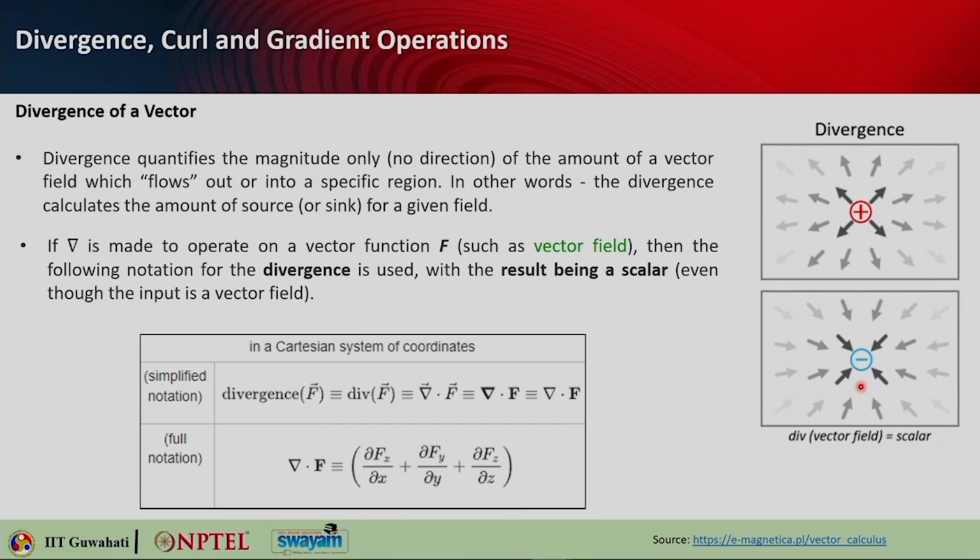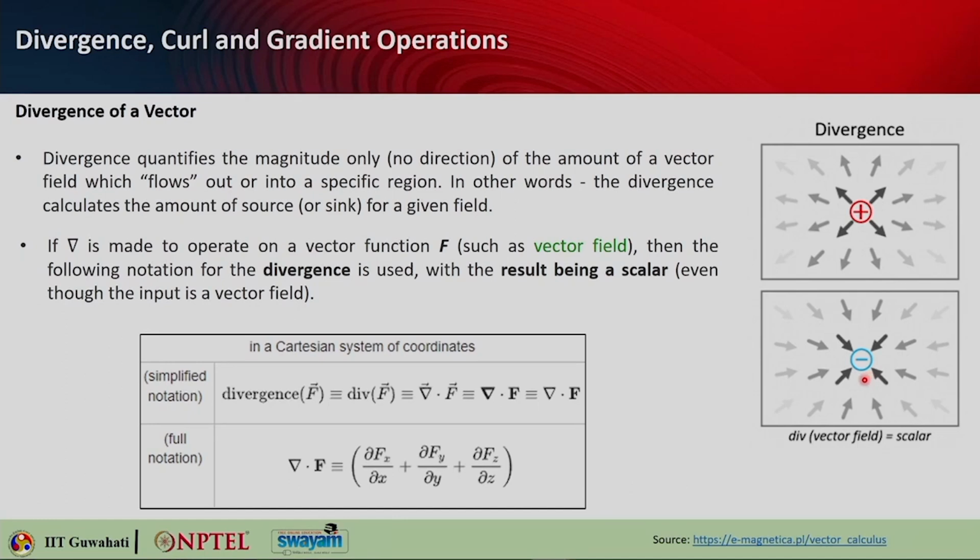Recollecting your school physics, the electric field lines originate from the positive charge and come back and enter the negative charge. So if you have a standalone negative charge, the electric field lines will come in and converge into that negative charge. This phenomenon is nothing but negative divergence.